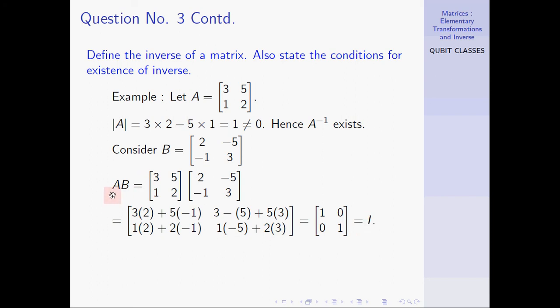So A into B is giving us an identity matrix. Hence, we can call B the inverse of A. Hence, B is A inverse. Now, it can also be shown that if B is an inverse of A, then A is the inverse of B.